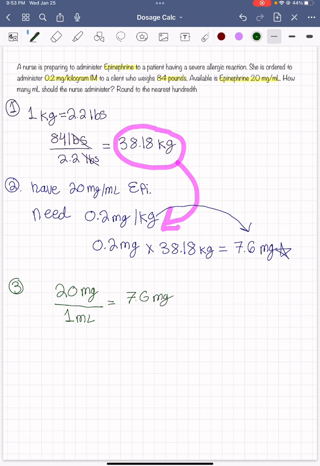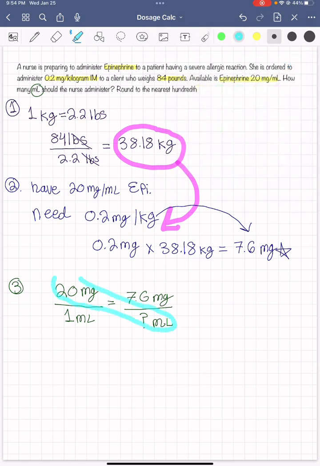How do we know what we're trying to find out? Well, if we look all the way back up to the top of the question, it's asking how many milliliters we should administer. So we're going to go ahead and make that our unknown. So we have our unknown milliliters, okay?